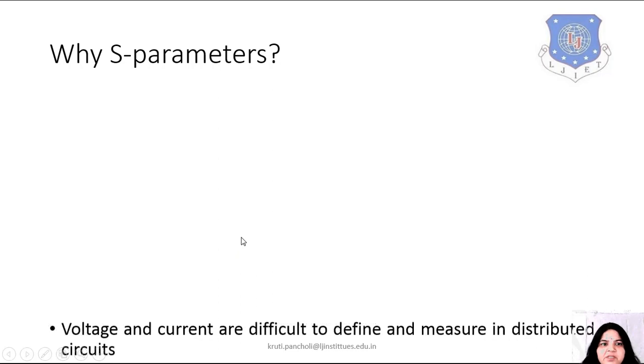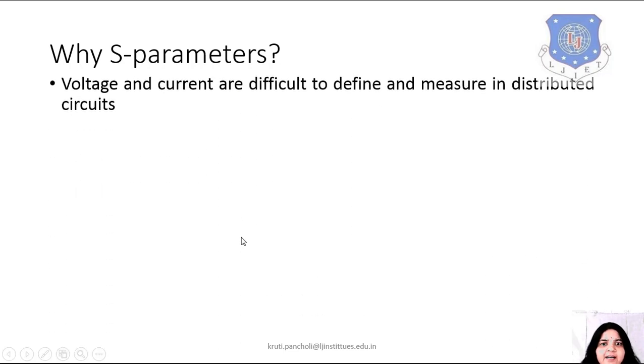Why S parameter? Voltage and current are difficult to define and measure in a distributed circuit. As I discussed earlier, we don't have any instrument to measure the voltage and current on the transmission line.